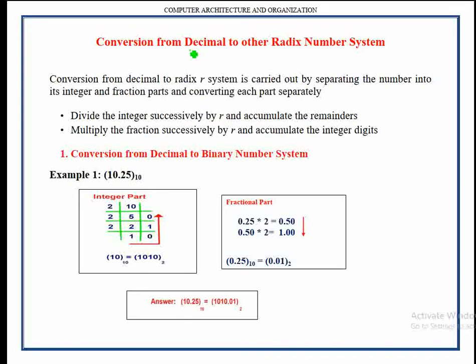The first step is that we have to separate the given decimal number into two parts: one is the integer part and the other is the fractional part. After separating them, we have to convert them separately.